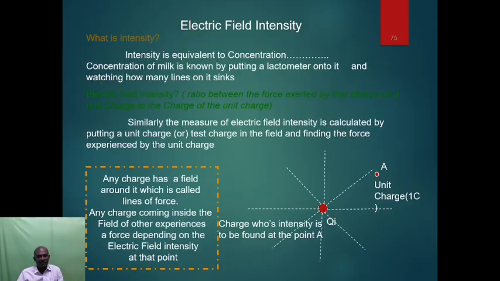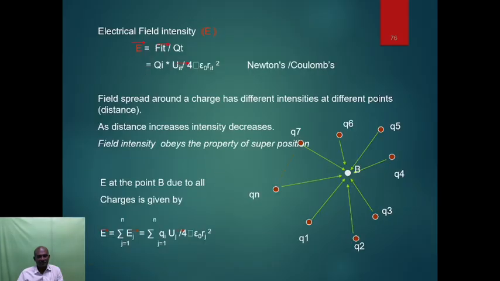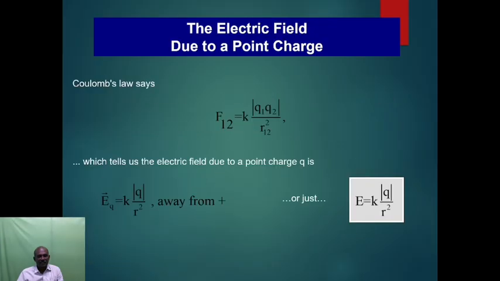Electric field due to a point charge: E is K into Q by R square. The second charge has magnitude 1 because it is force on unit charge.